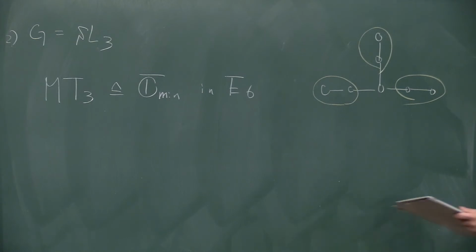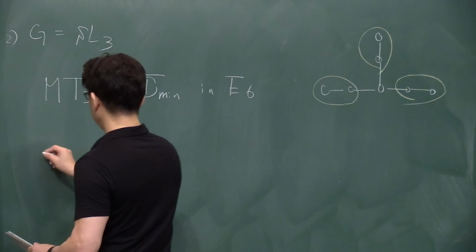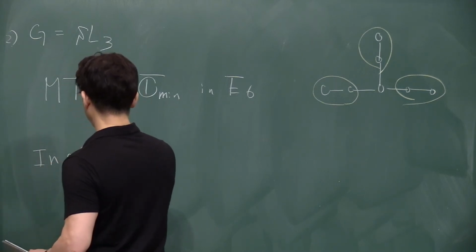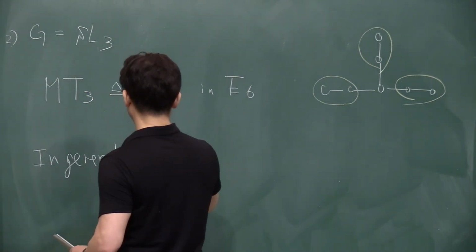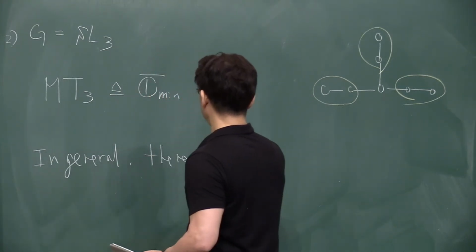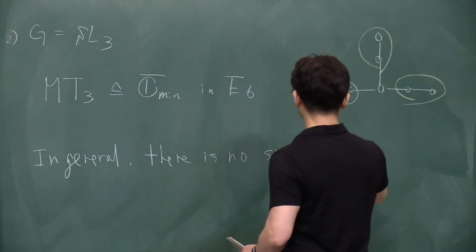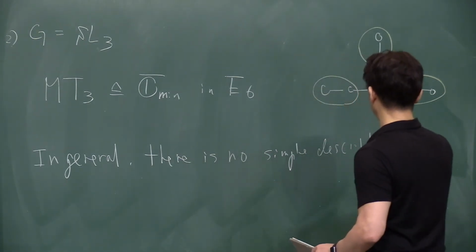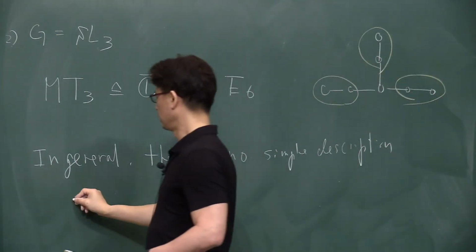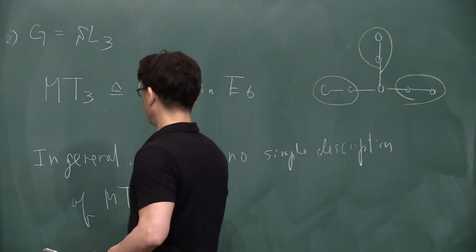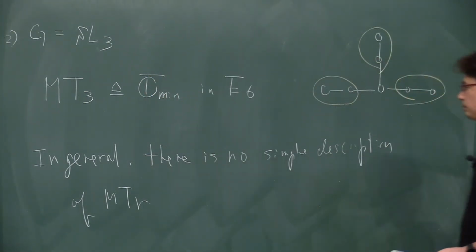So in general, there is no simple description of Moore-Tachikawa varieties.